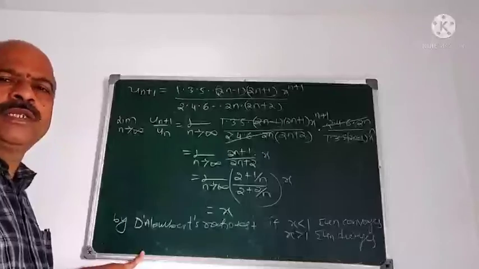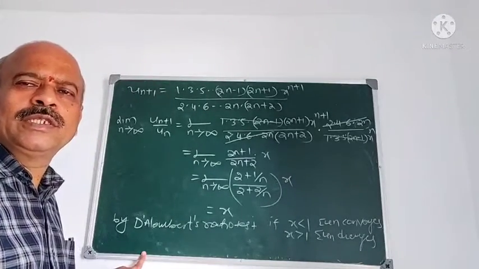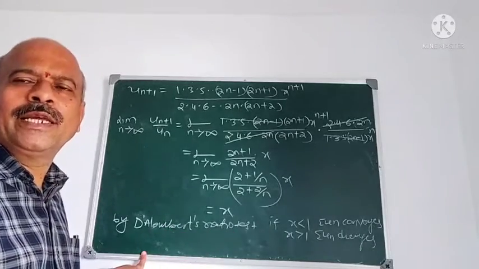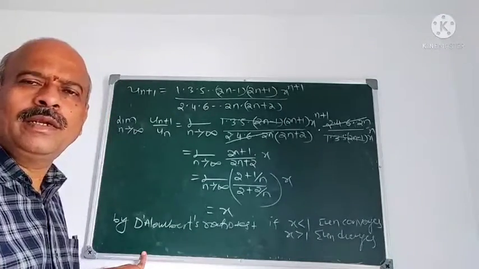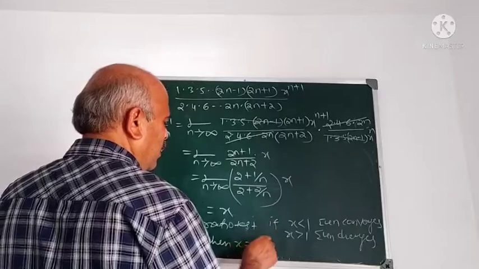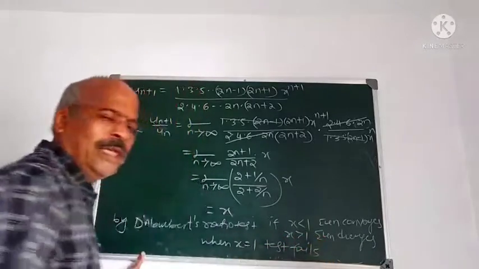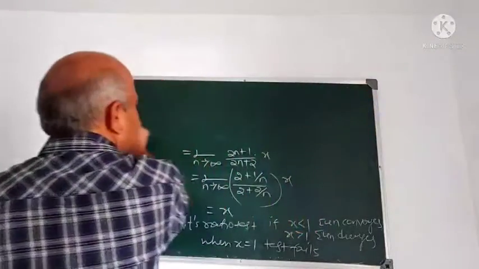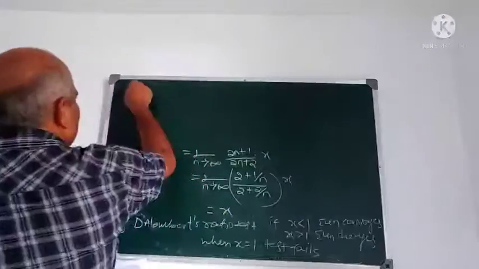In D'Alembert's ratio test, L less than 1 converges, greater than 1 diverges. But in Raabe's test, it is reversed: L greater than 1 converges, L less than 1 diverges. When x equals 1, this D'Alembert's ratio test fails. Therefore, when x is 1, we apply Raabe's test.